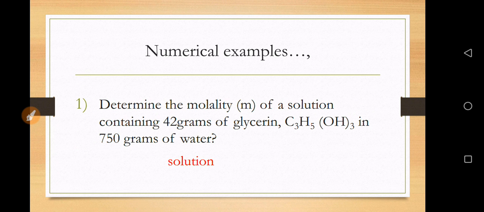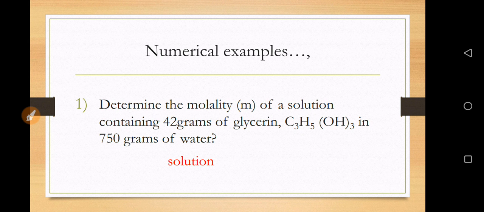Let's try to solve this numerical example for us to understand molality better. The question which we are to use is this one: determine the molality of the solution containing 42 grams of glycerin in 750 grams of water.